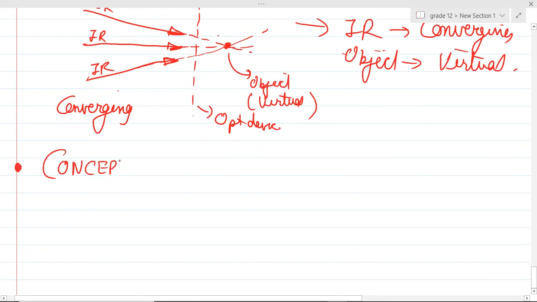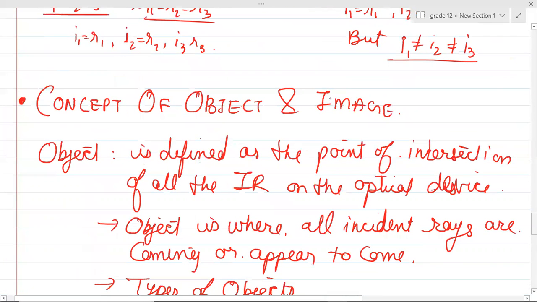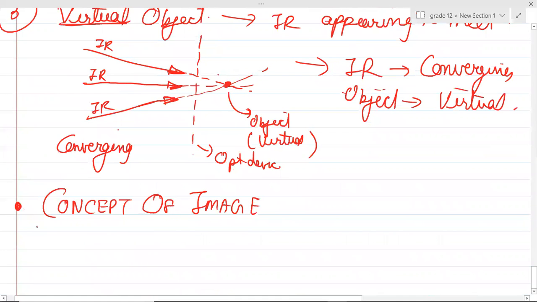Now let's discuss the concept of image. The concept of object was already done. So now let's do the concept of image. What is image? In geometrical optics, what do you define as the image?